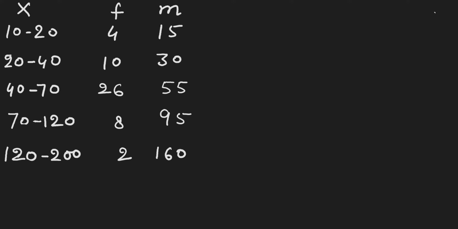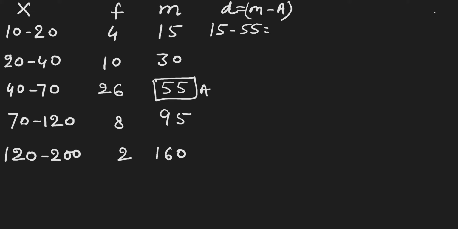Then we will take any value among these as our A, the assumed mean. Let's say we take 55 as the assumed mean. Then in the next step we calculate D, the deviation. D is M minus A, mid value minus assumed mean. So 15 minus 55 will be minus 40.